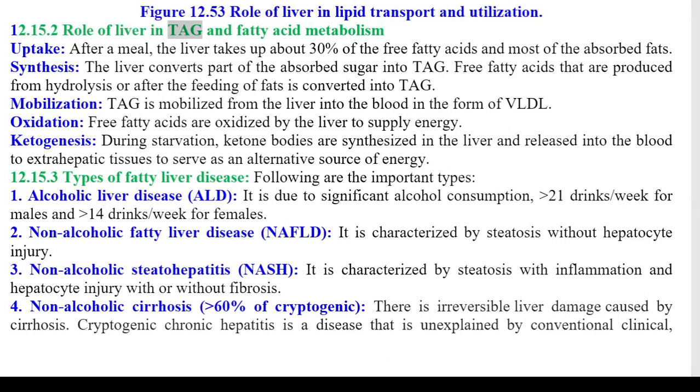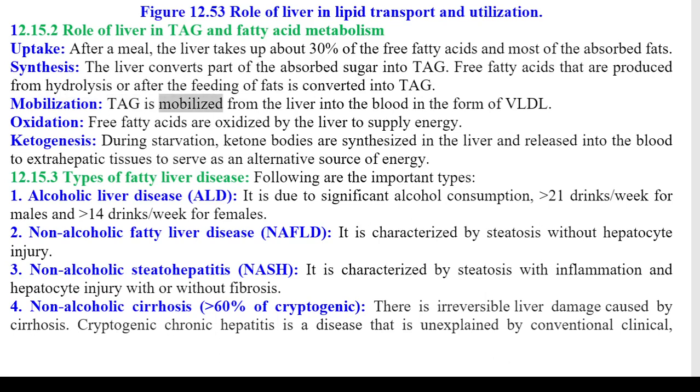12.15.2 Role of liver in TAG and fatty acid metabolism. Uptake. After a meal, the liver takes up about 30% of the free fatty acids and most of the absorbed fats. Synthesis. The liver converts part of the absorbed sugar into TAG. Free fatty acids that are produced from hydrolysis or after the feeding of fats are converted into TAG.